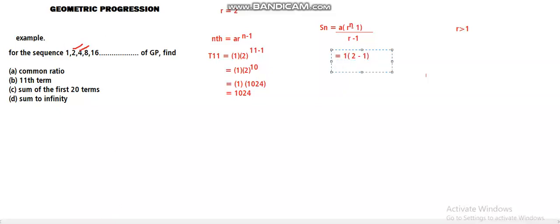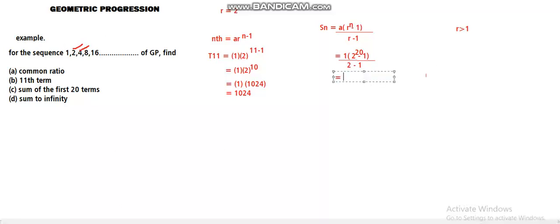Then 2 here has been raised to the power n, which is 20, so to the power 20. Then we'll say divide like that. Hope you are following. Then we continue.